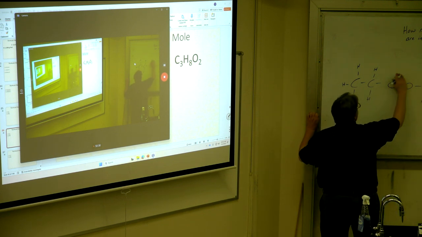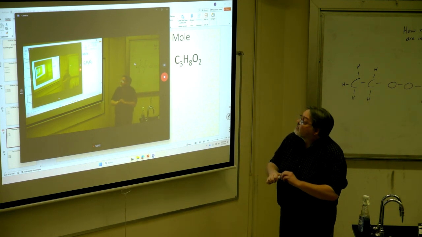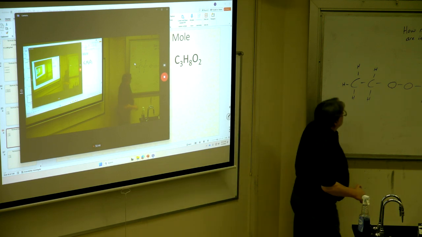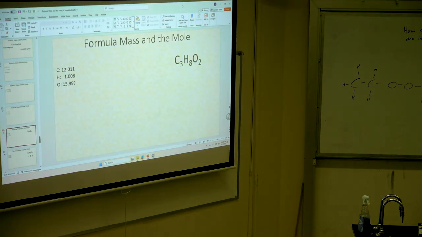Just to give you an idea, that's the molecule that C3H8O2 is referring to. But we don't even really need that. Just reminding you, that's the formula for a molecule, C3H8O2. All right, what are the grams per mole for that molecule?